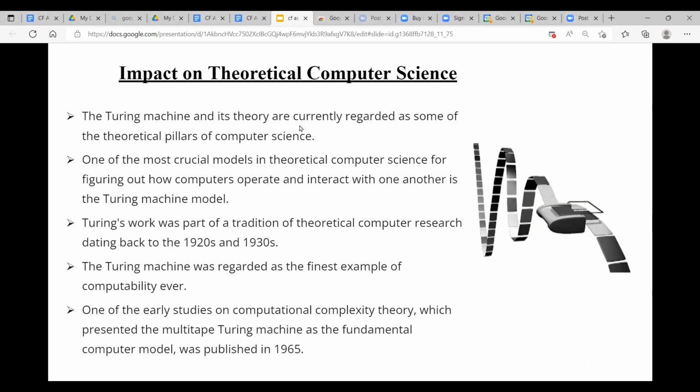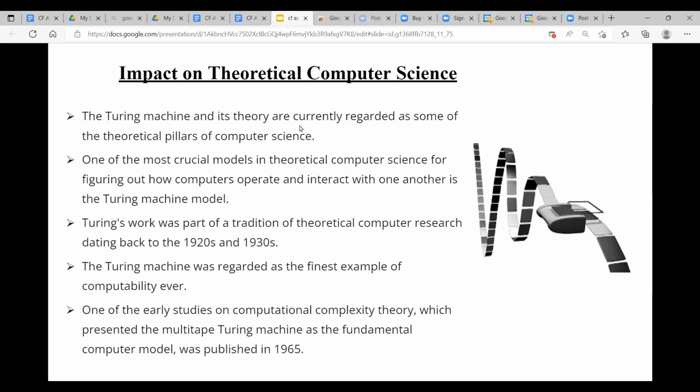Okay, let's turn to the subtitle, which is about impact on theoretical computer science. The Turing machine and its theory are currently regarded as some of the theoretical pillars of computer science.